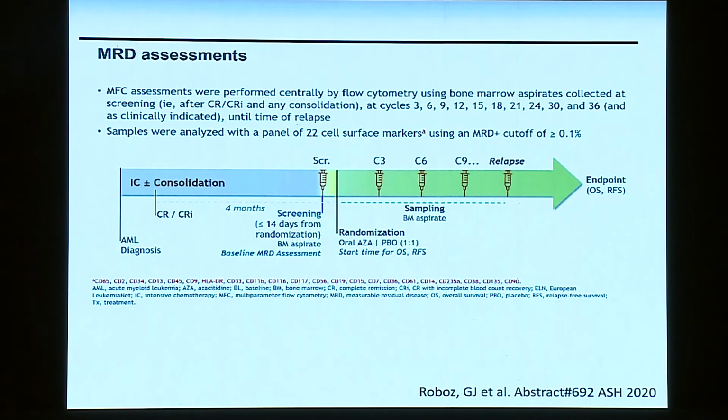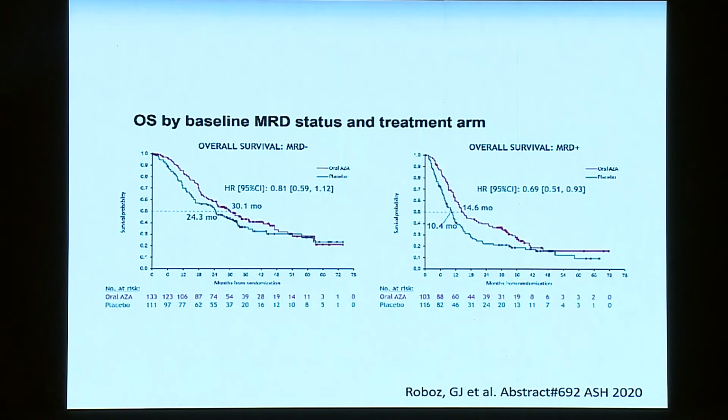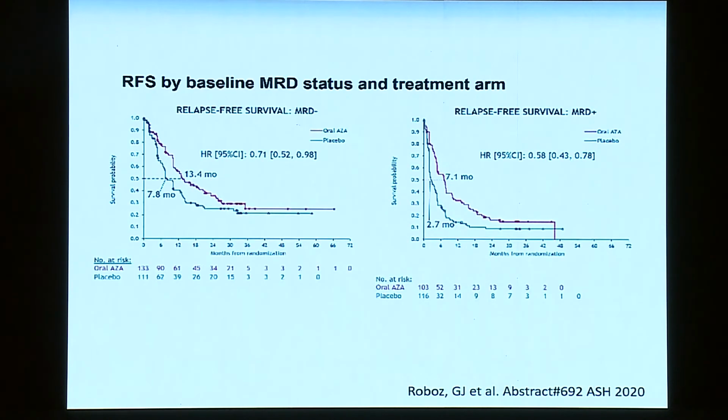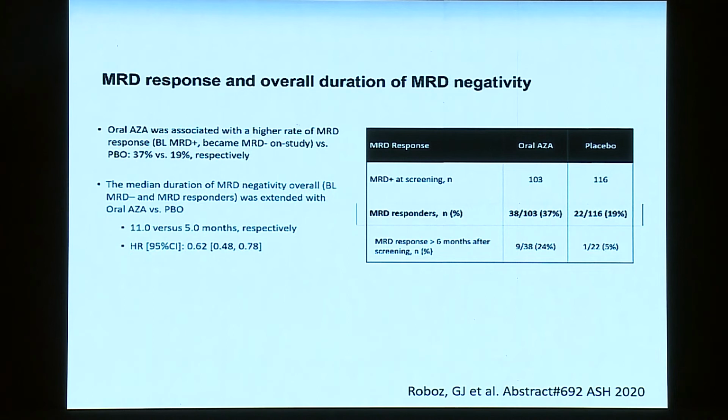The point here is that this trial was to show the responders. In the oral azacitidine cohort, MRD was positive at randomization, and 37% of those who received azacitidine achieved MRD negativity.